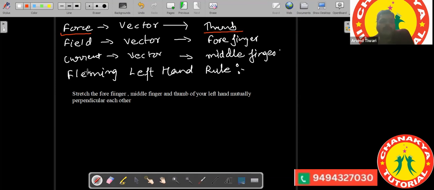Then your middle finger is also called the central finger or center finger, right? So C for center and C for current. And the remaining is the forefinger: F for forefinger and F for field. Okay. So in this way, you can remember all of them.